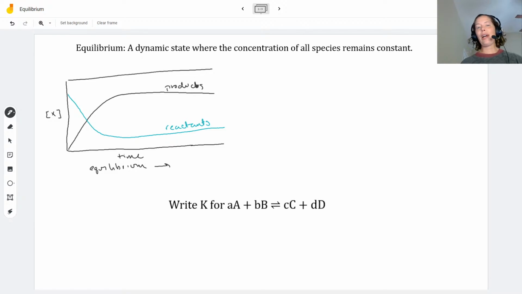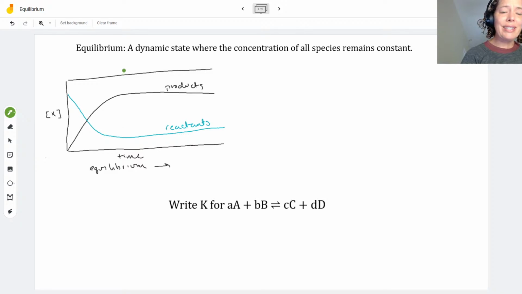Often with these graphs, the classic question is, where has equilibrium been established? Well, we know it's where the concentrations of the species remain constant. So what you want to do is find the point on the graph where both of those lines for products and reactants are straight, so they're not either curving up or curving down anymore.